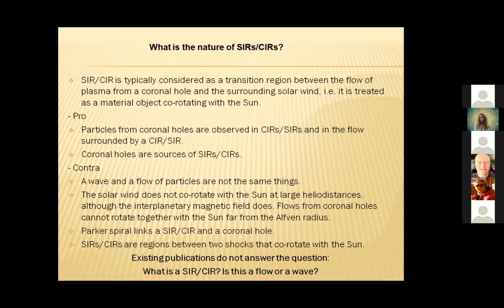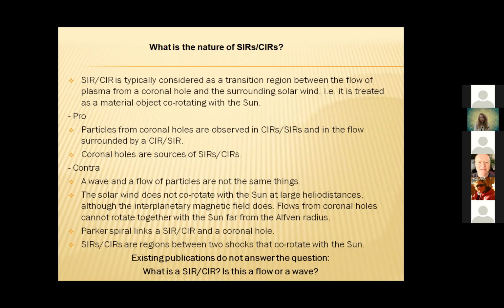And the last one is important because Parker's spiral links a stream interaction region and a coronal hole. And as I mentioned, a stream interaction region is often seen as a region between two shock waves that rotates with the Sun. Finally, existing publications do not answer the question: what is this stream interaction region? Is this a flow or a wave?